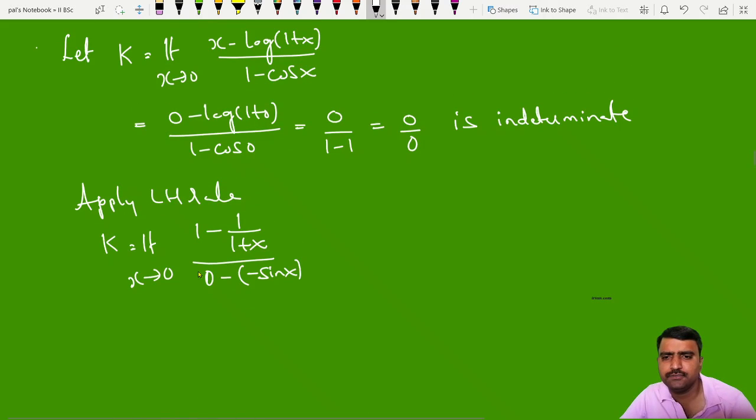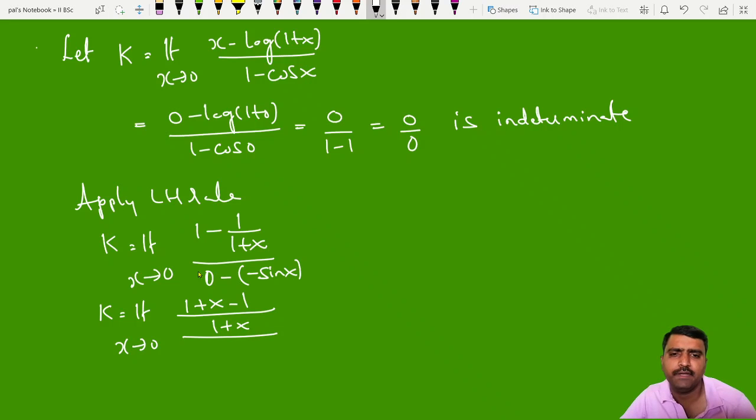So now we have k equal to the limit as x tends to 0. Simplifying this, it is 1 plus x minus 1 divided by 1 plus x, this divided by minus of minus, which is plus sin x. And in the numerator the plus 1 cancels with the minus 1.